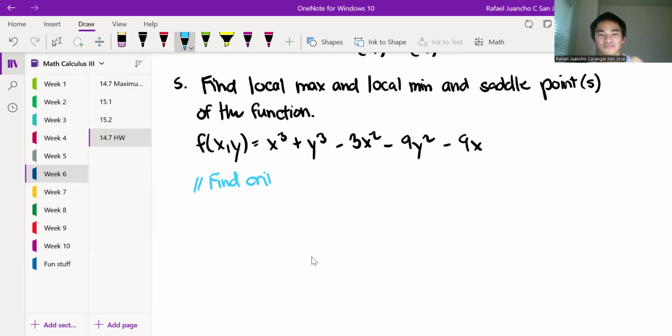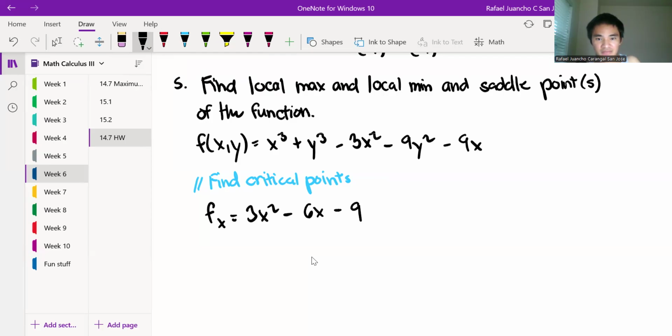Then from there, I find the critical points. So what are these? Well, I take their partials. So here I get 3x squared minus 6x minus 9, right? Otherwise I just take it out. Minus 9x, that's minus 9. 3x squared, that's minus 6x.